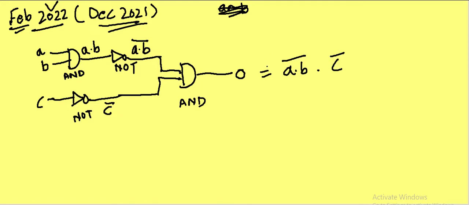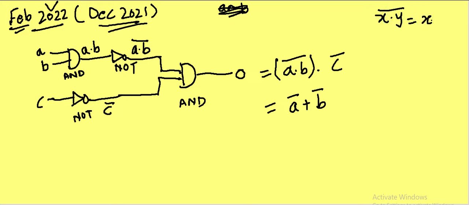Now, from this input we can write it as A complement plus B complement. This is why I have written this, because from De Morgan's law you know that if we have X dot Y complement, it will be complemented to individual terms, and then the dot will change to plus, or you can say the AND will change to the OR gate, right? So this is because of De Morgan's law.